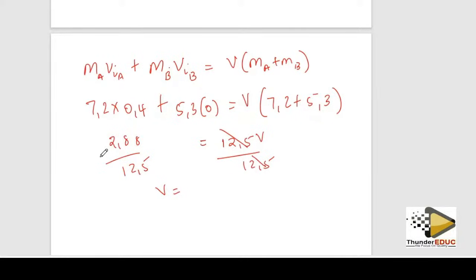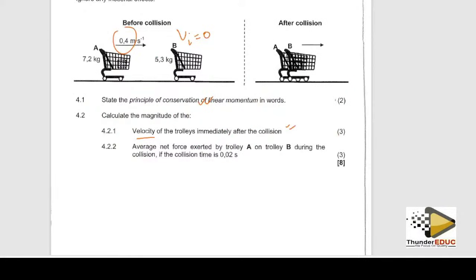I'm having 0.2304. So just 0.23 meters per second. So that is the velocity of the combined body, 0.23 meters per second.